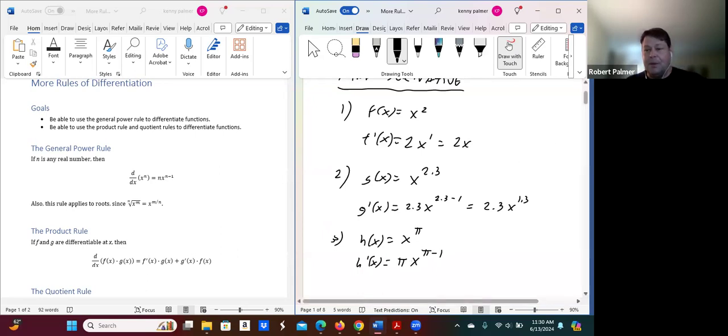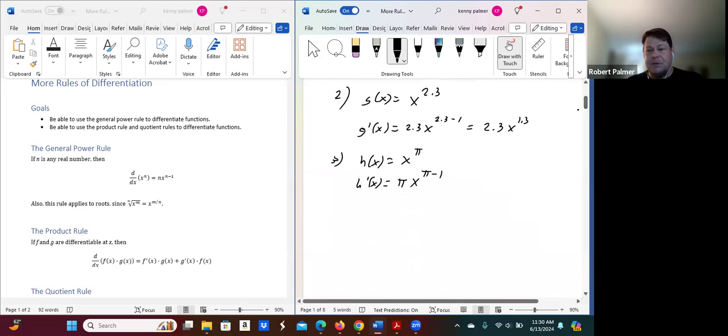Now let's see some examples where this is useful, allowing us to take the derivative of other kinds of functions. So what if our power is something like this? Number 4, let's say f of x is 1 over x squared. Now if you remember from algebra, that's the same as x to the negative 2.